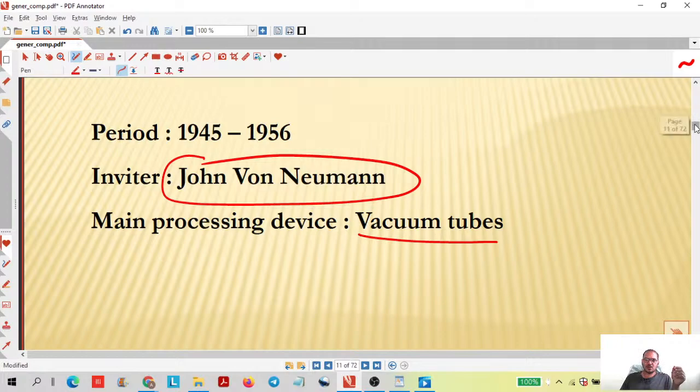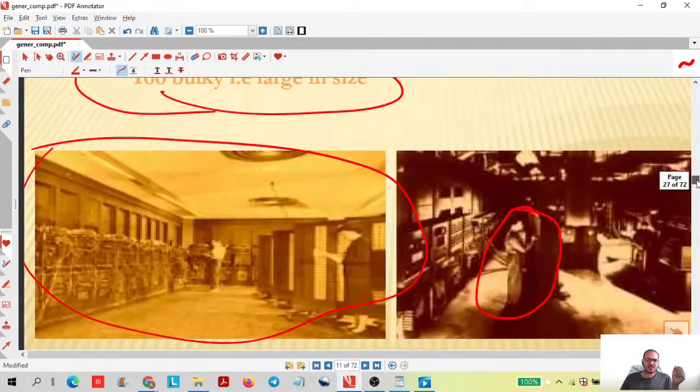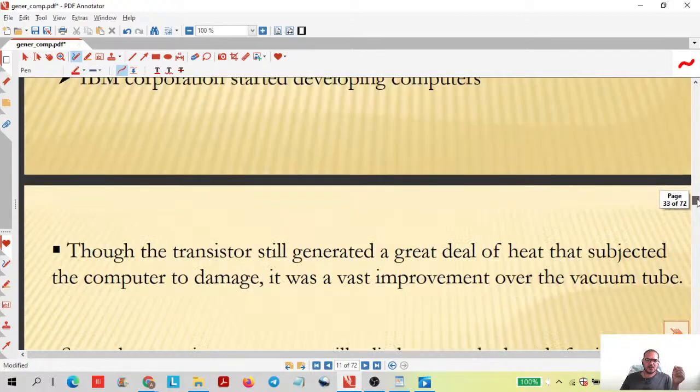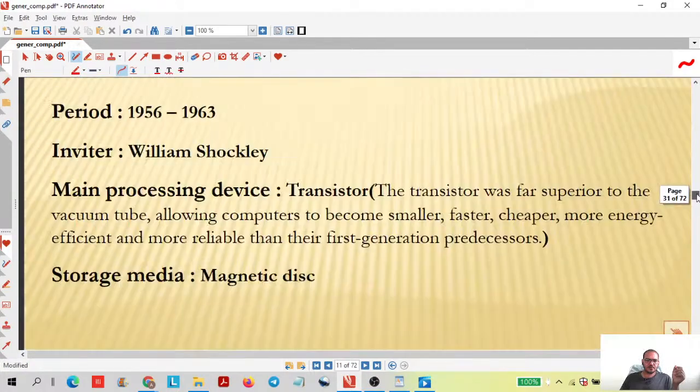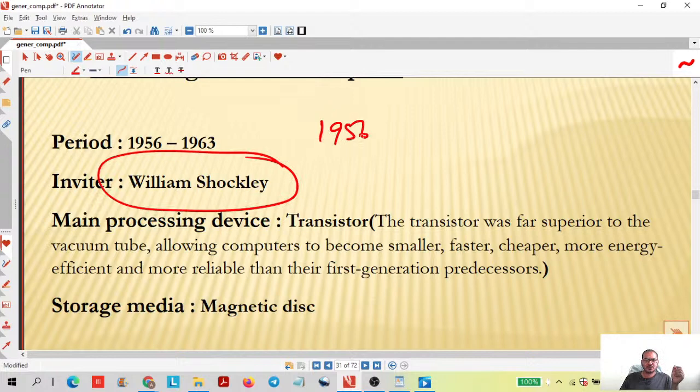In the same way, the second generation computers: William Shockley is the inventor, 1956 to 1963. That is what we can call the second generation.